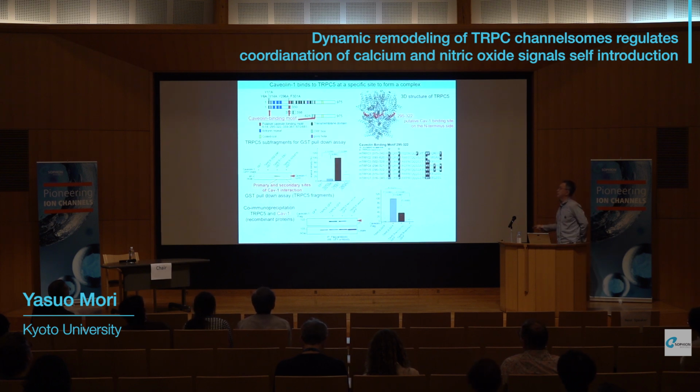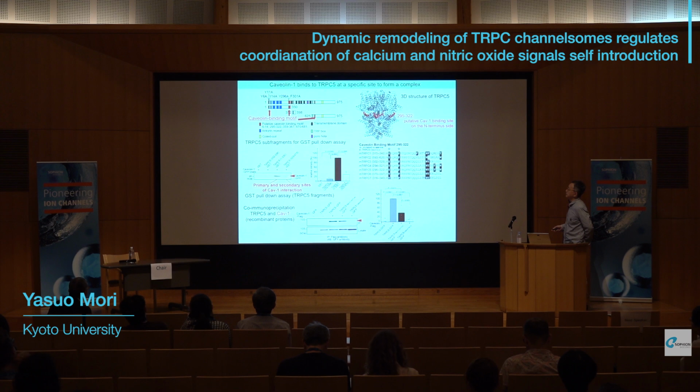And then we went further into detail regarding the caveolin binding site on TRPC5. In TRPC5, there are three potential, or known, caveolin binding sites. Two are on the N-terminus side, and the other is on the C-terminus side. When TRPC5 subfragments were generated for the N-terminus, C-terminus, and transmembrane region, the N-terminus subfragment showed a very strong band indicating binding of caveolin-1 in this region.